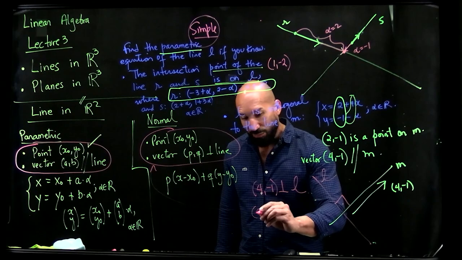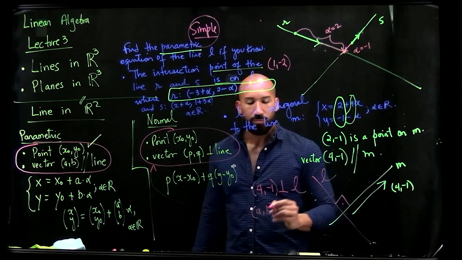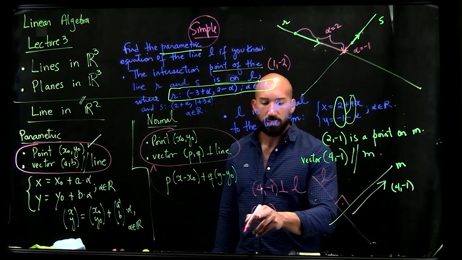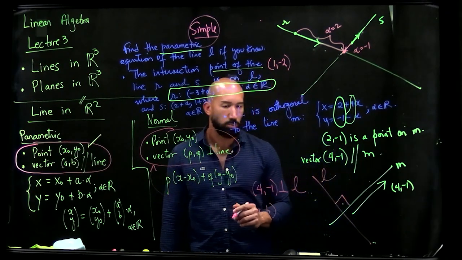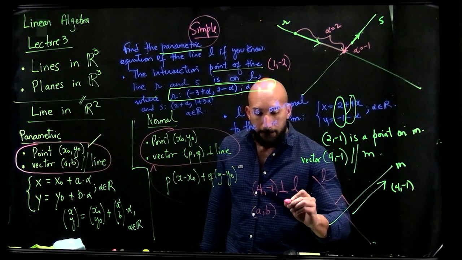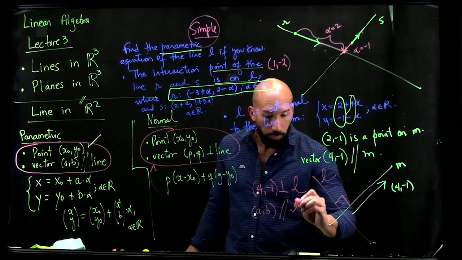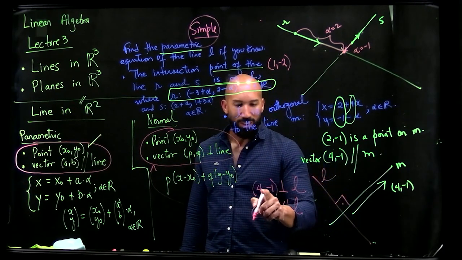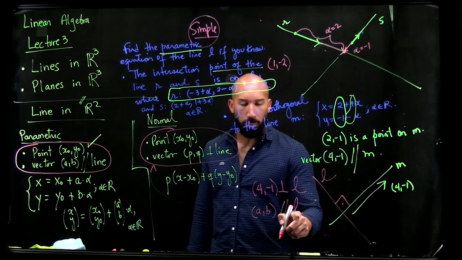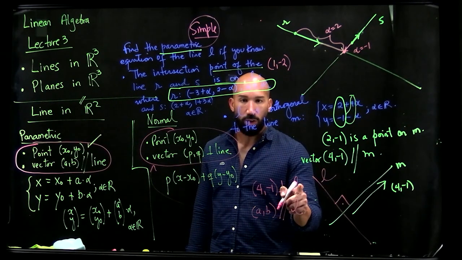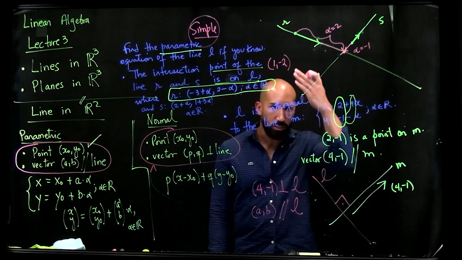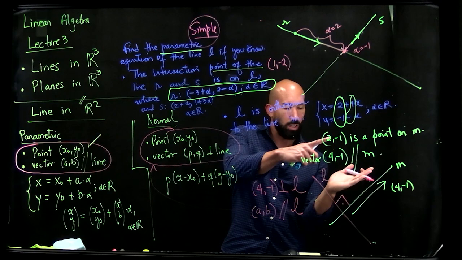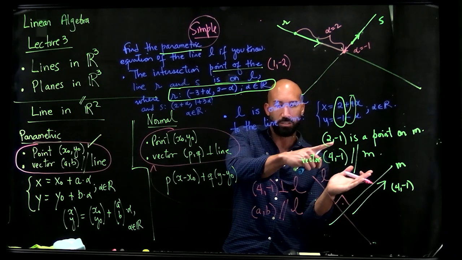So the vector that we need, let's say that the first component of that vector is A, the second component is B, is parallel to L. So if these two are parallel and this is orthogonal to L, any transversal forms the same angle with any two parallel things.